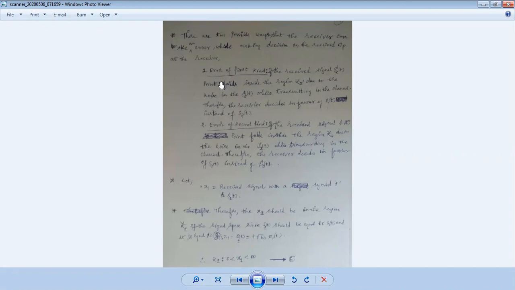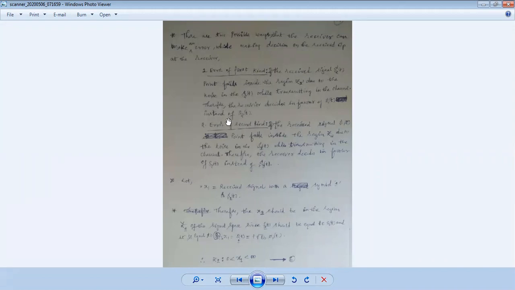Even though the transmitted signal is 1, if it lies in the region of S2, then the transmitted message is 1 but the received message is 0. This kind of error is called the error of the first kind.